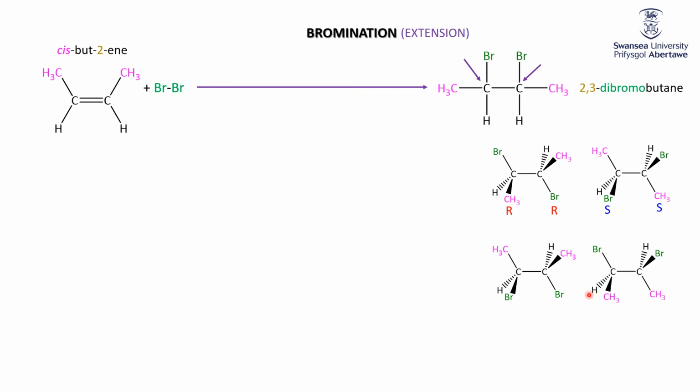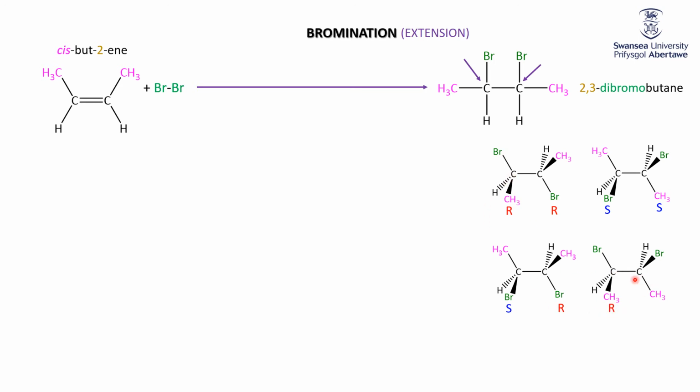Now going down to these, we can do it a lot more quickly. I've already said when you've got the methyl at the top and the bromine at the bottom, carbon 2 is S. Over here, carbon 3, I've got the methyl at the top, bromine at the bottom, so that's just like that one, so that's R. And then here, flipped around, bromine at the top, CH3 at the bottom for carbon 2, that was the R version.